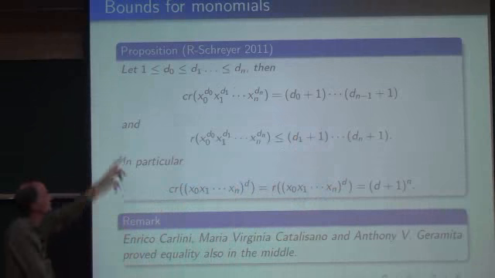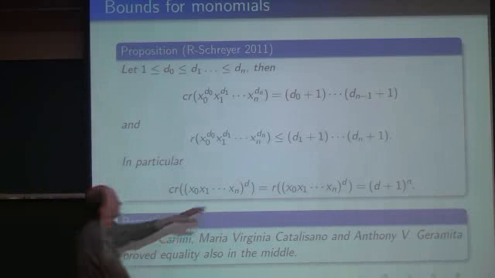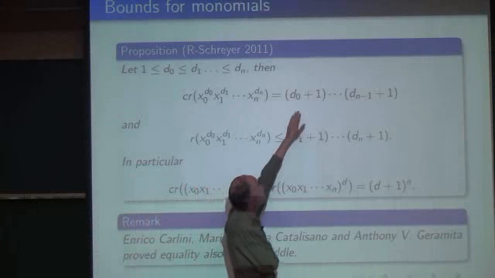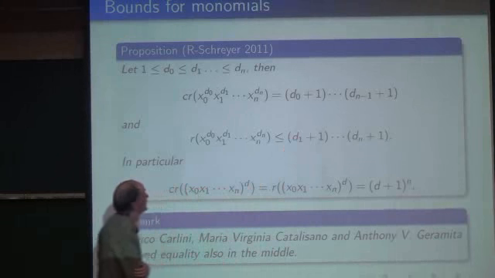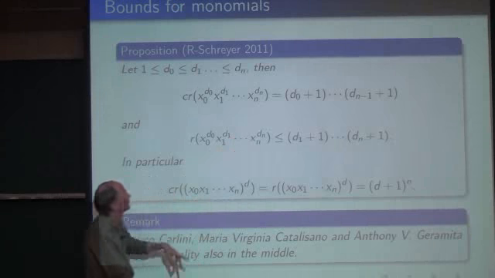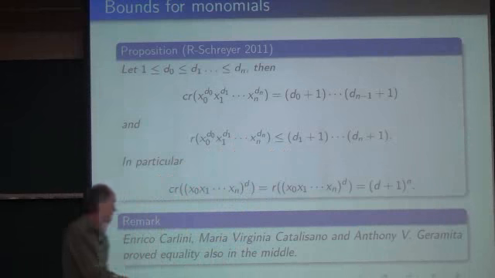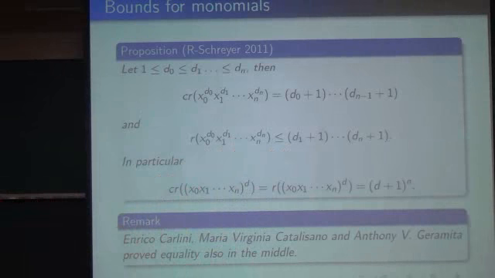Of course, if all the di's are equal, you get the same. But if not, then this is higher than this one there. The cactus rank was shown to be equal to that thing, and the rank was then shown to be equal to this by Carlini, Catalisano and Geramita, also in 2011, a little bit later than the other thing.